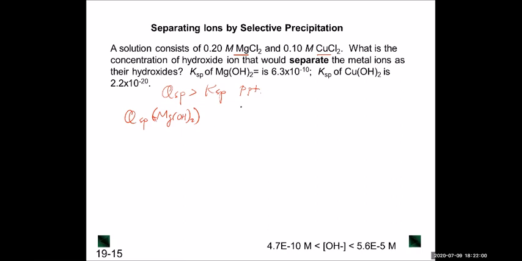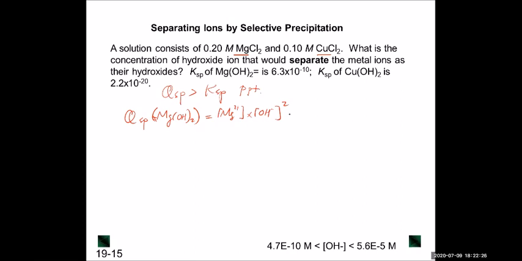To find the QSP, we need the magnesium concentration times hydroxide. 1 mole of magnesium hydroxide has 2 moles of hydroxide, so the coefficient 2 will become the exponent.